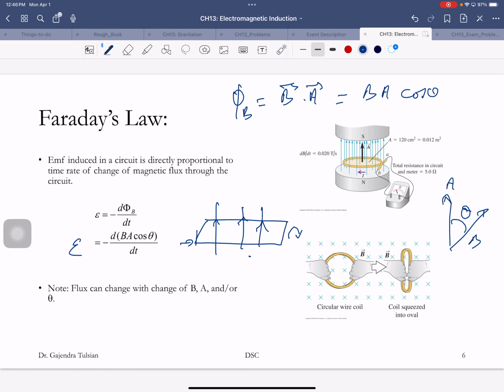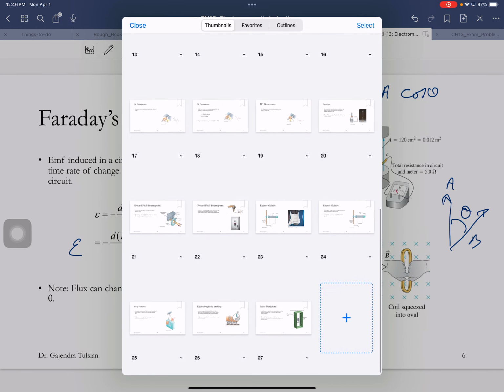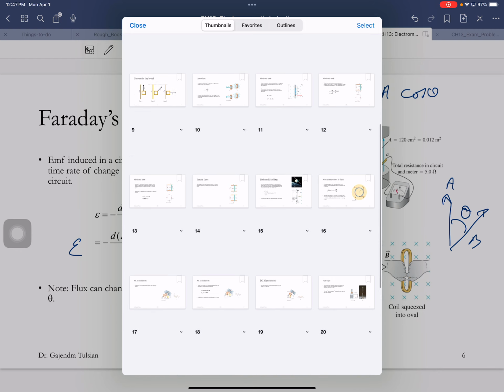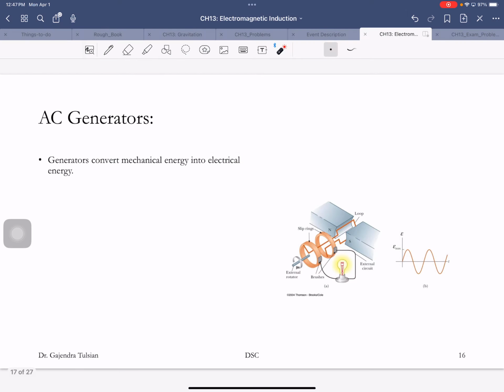So to induce an EMF in the loop of wire, you could change B, A, or cosine theta. And in practice, it turns out that rotating the loop is the easiest thing to do. So for instance, here you have a permanent magnet, the magnetic field is constant, the area of the loop is constant, and all you do is spin the loop.